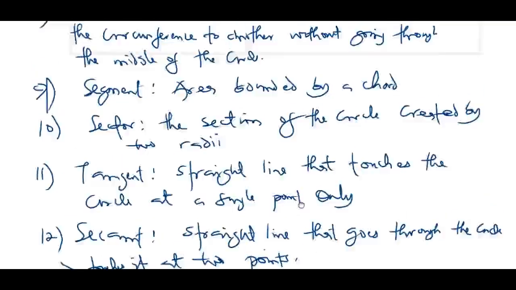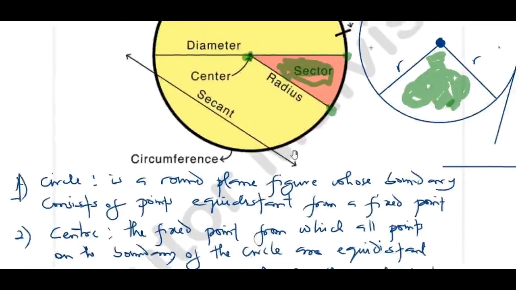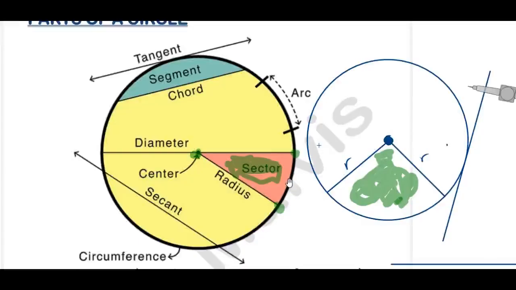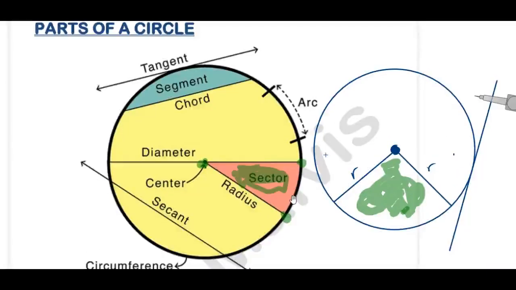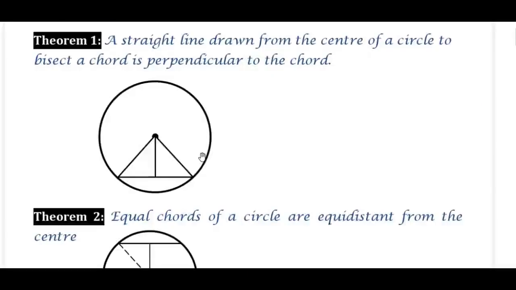All right, so that is a secant, and that is the end of parts of a circle. So we can now proceed to talking about the different theorems that are related to circles.